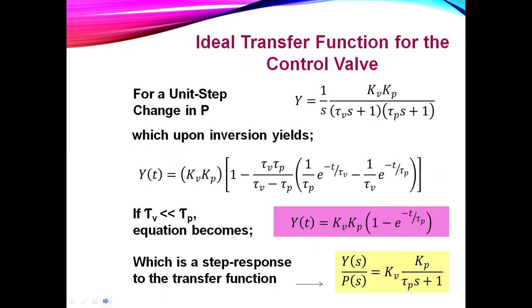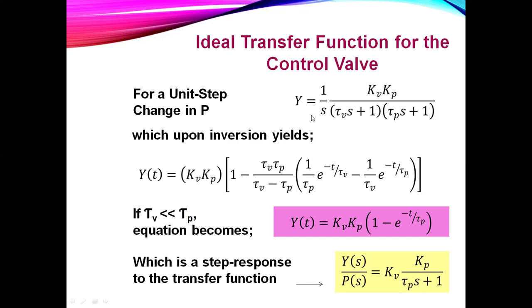Now, if you're going to subject that transfer function of the system of the control valve and the process to a forcing function which is unit step in nature, you will have P of s equal to 1 over s.